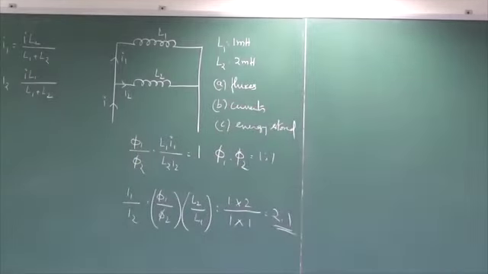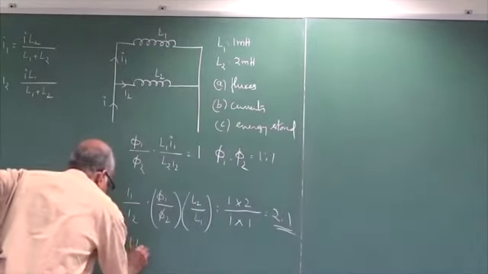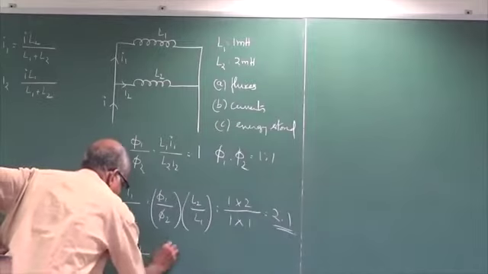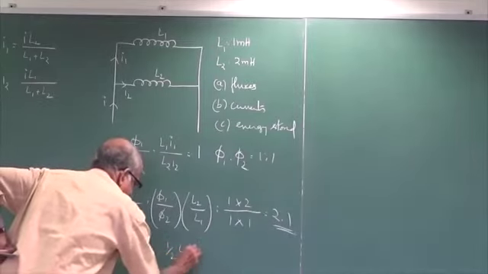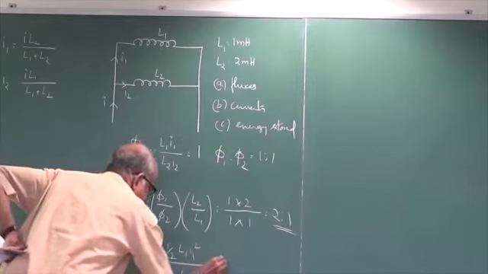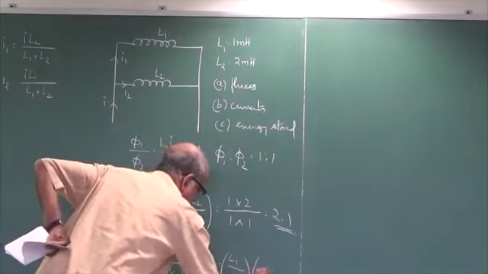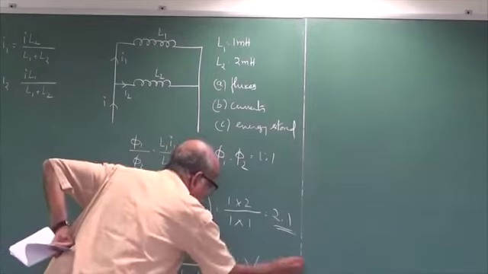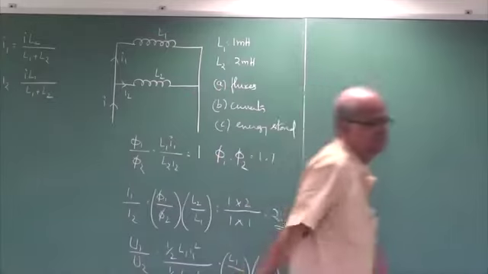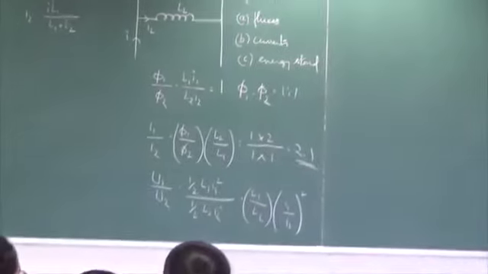What is the ratio of energy? The ratio of energy, U1 by U2, is equal to half L1 I1 squared by half L2 I2 squared, which is L1 by L2 into I1 by I2 the whole squared. How much does it come to? 2. Voilà.